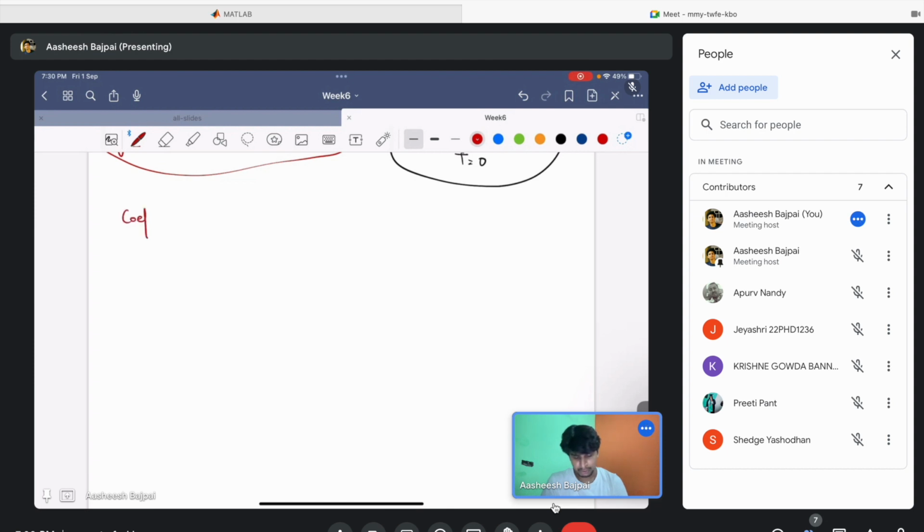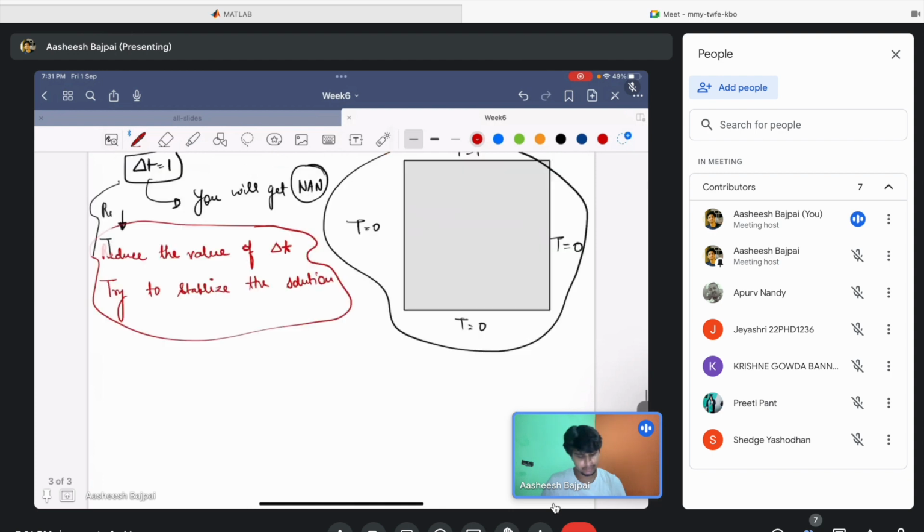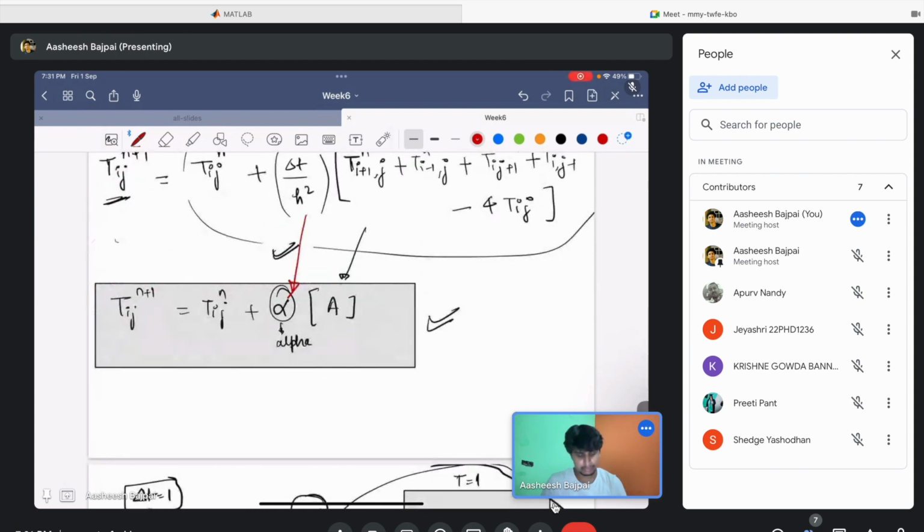Coefficient, I will not write. Previously we used 2 loops. Right now also we will use 2 loops, but with alpha, as I have written, as one of the criteria, and that will change my solution totally.